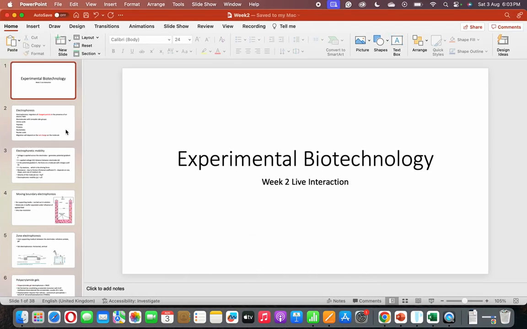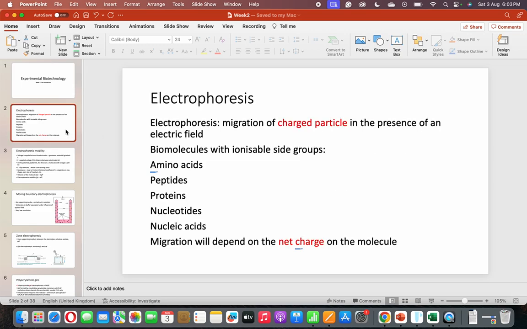But yeah, we'll talk about what we learned this week, which was the basics of electrophoresis. Electrophoresis is basically the migration of a charged particle in the presence of an electric field, right? So to do electrophoresis of any molecule, it must have a charge on it. And within our experimental biology, there are a number of biomolecules which we are able to use for this purpose.